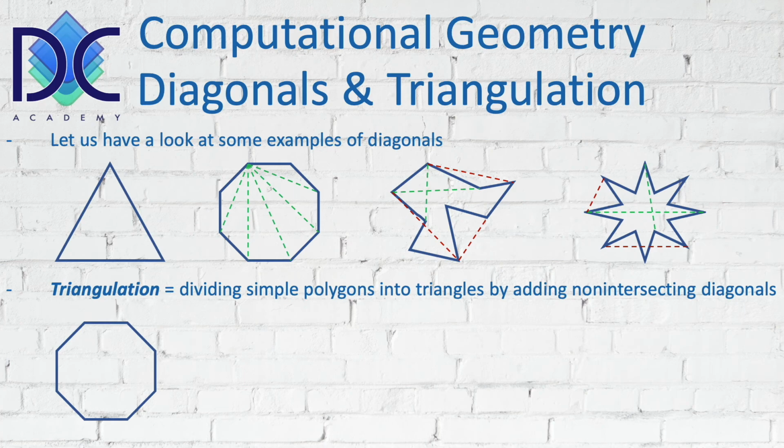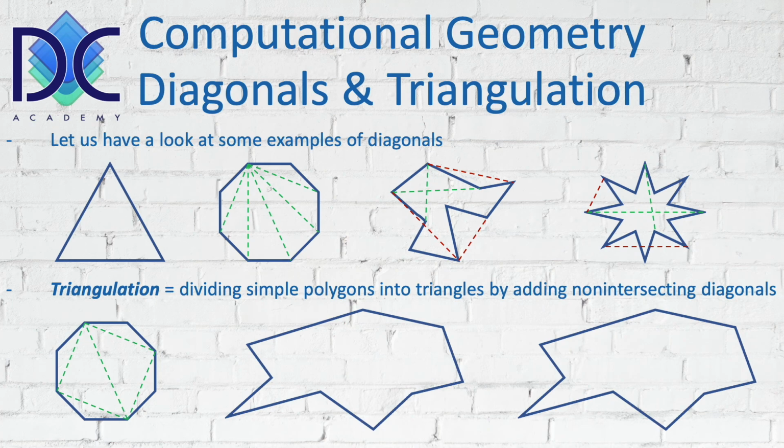So we have those 8 corners, and we can connect the different diagonals, where I already find 4 triangles, and I find 6 triangles in total by adding this 5th non-intersecting diagonal.